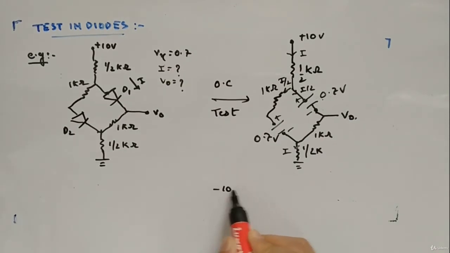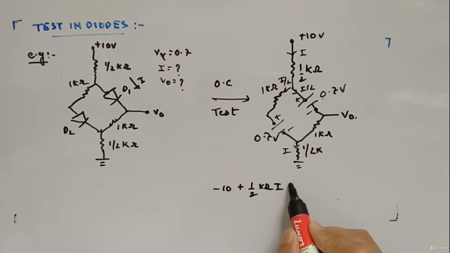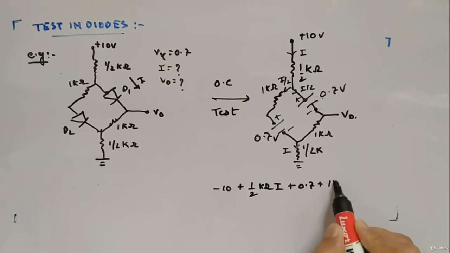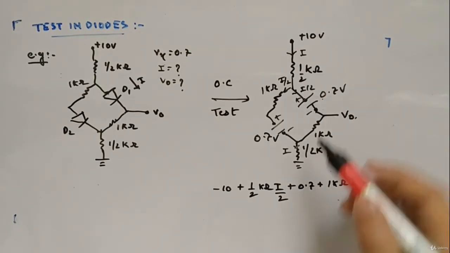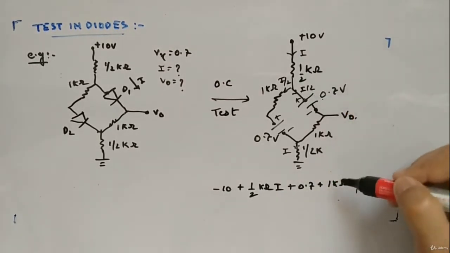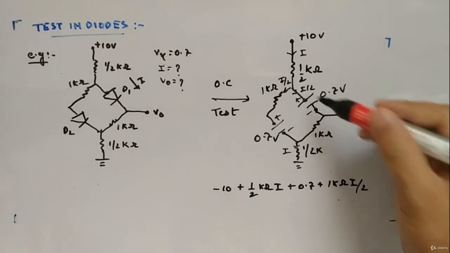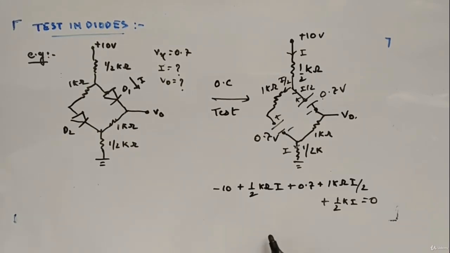So minus 10 plus half kilo ohm I plus 0.7 plus 1 kilo ohm I by 2 plus half kilo ohm I is equal to 0. From here you can calculate I, which is what we want.